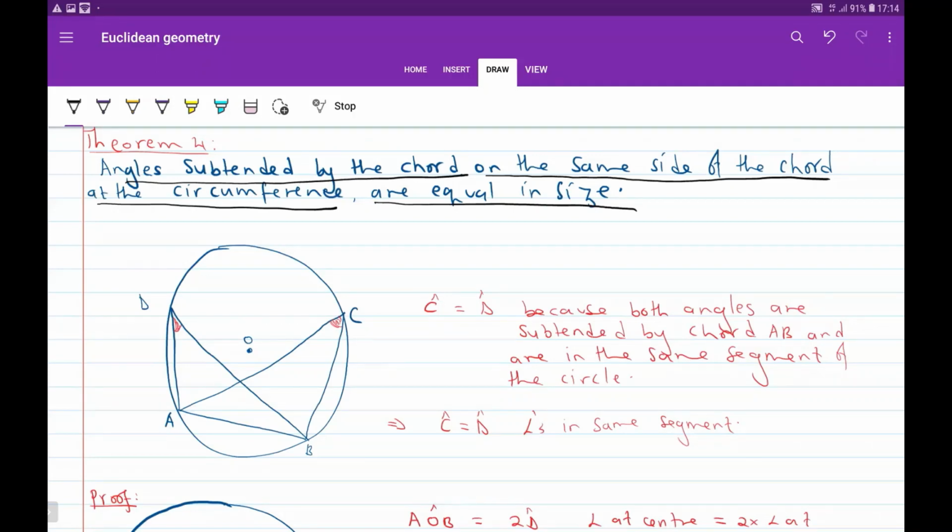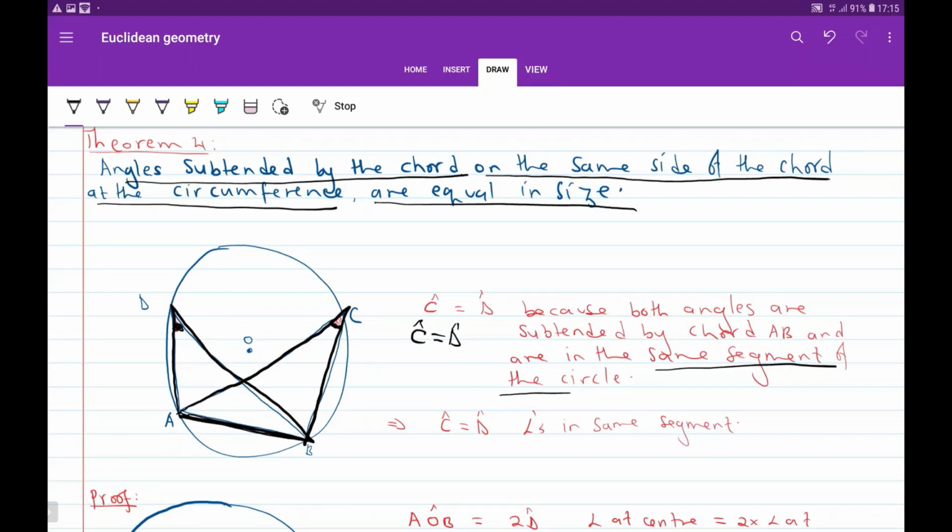So chord AB, hope everyone can see chord AB, subtends an angle at point C on the circumference of the circle, and also subtends an angle D on the circumference of the circle. So angle C is indeed equal to angle D, angles in the same segment. So angles in the same segment by the same chord.